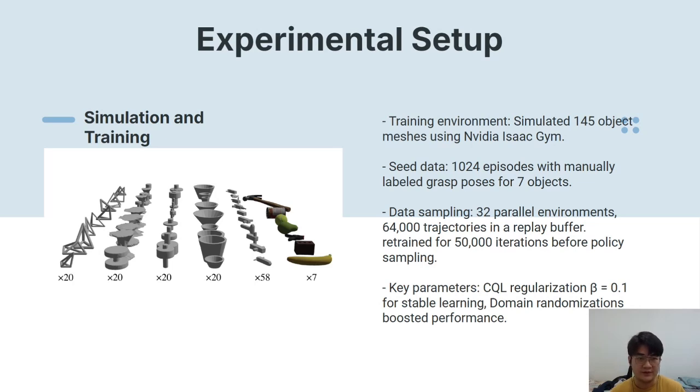The model trained using data from 32 parallel environments, storing 64,000 trajectories in a replay buffer. Pre-training lasted about 50,000 iterations before switching to policy sampling. Domain randomization, especially camera-related ones, significantly improved performance, and the CQR regularization parameter, beta of 0.1, ensured stable convergence.